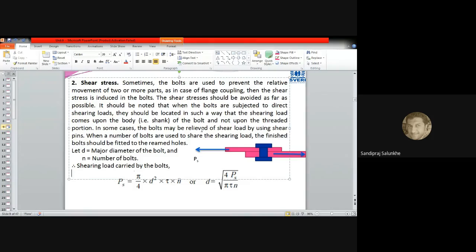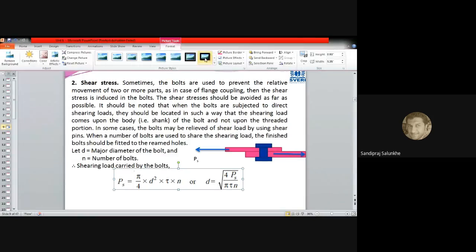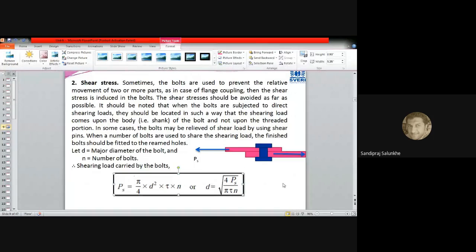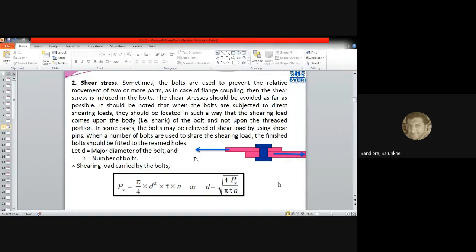So this is the formula which we can use while we consider or design that bolt against shear.